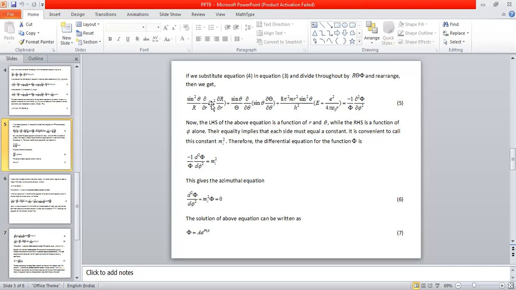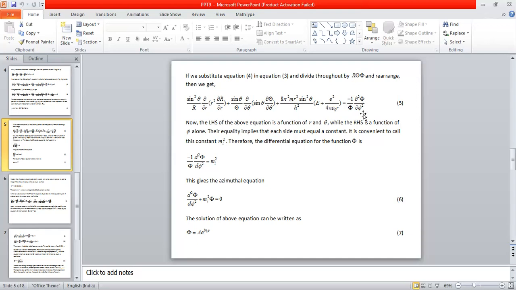So if we do this mathematics, we are going to end up with equation 5. If we observe equation 5, on the left side we have many terms, and all these terms are functions of small r and small theta.